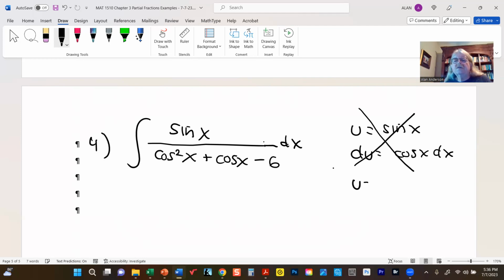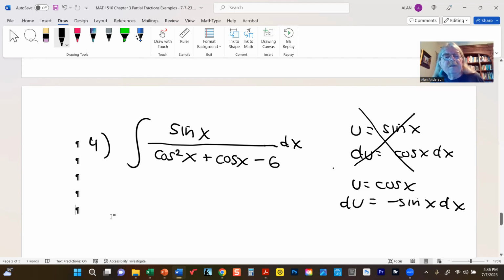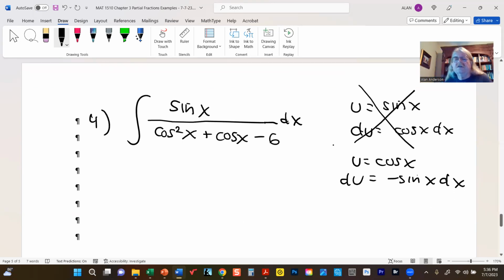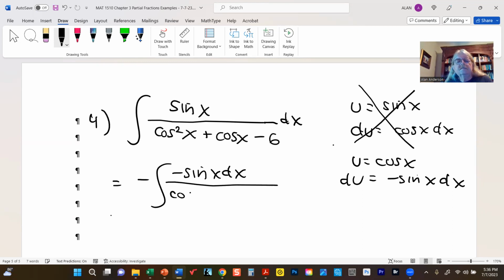So let's not try this one. Let's try u equals cosine x, and du would therefore be minus sine x dx. Okay, we don't have that either, but we're only missing the negative. So in other words, if we rewrite this, let's move the dx up here. We're in good shape now.